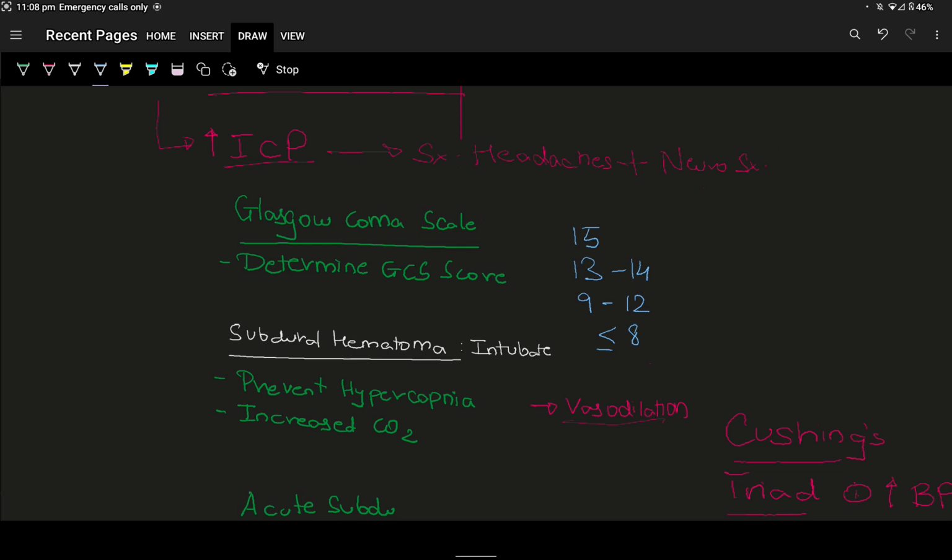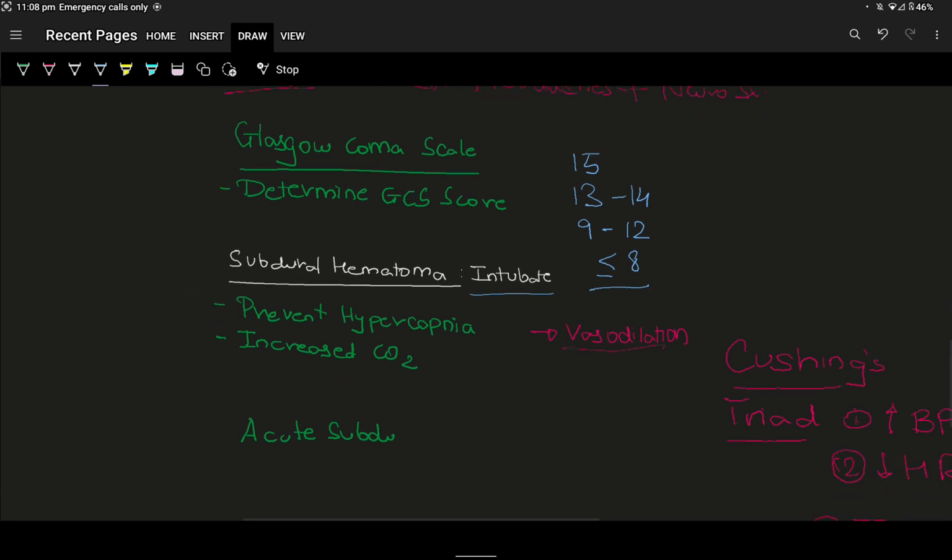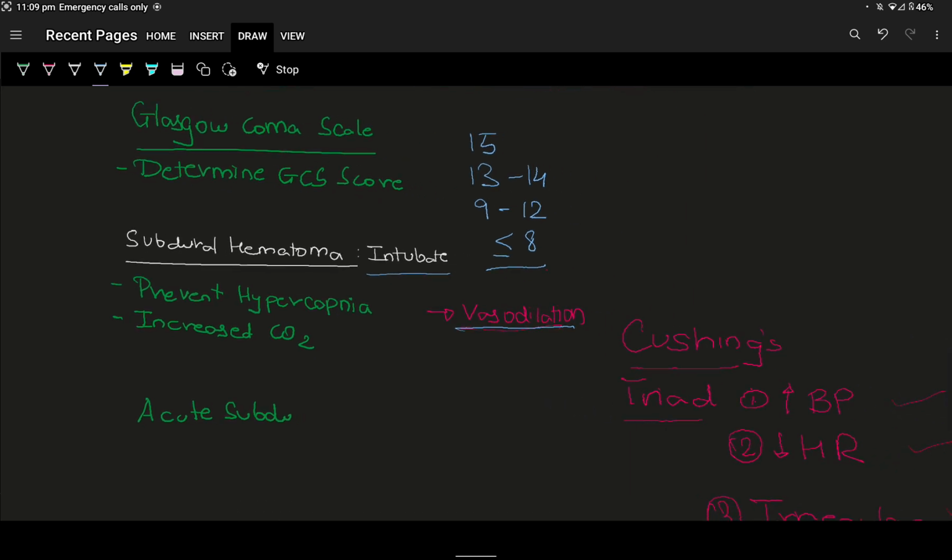So, for a subdural hematoma presenting with a score less than or equal to 8, we usually intubate the patient so that we prevent hypercapnia. Hypercapnia, which means increased carbon dioxide in the brain, usually leads to vasodilation of the cortical veins and cortical arteries.